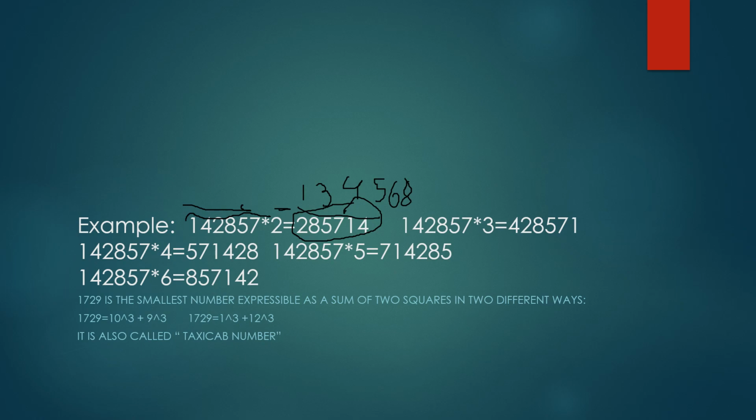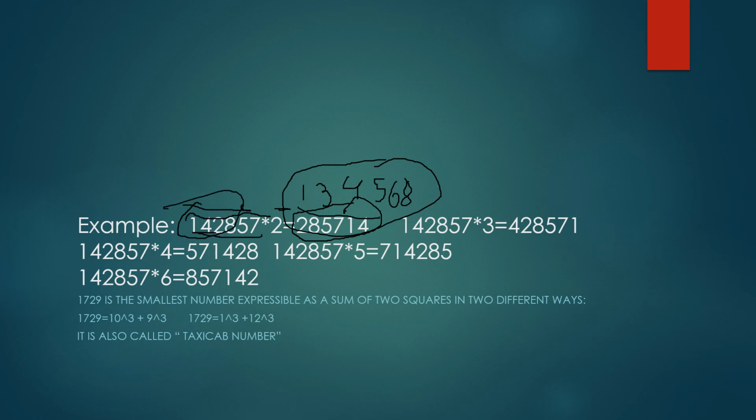Let's say I get this particular number on multiplying this number with 2, then I would say this very number is not cyclic.